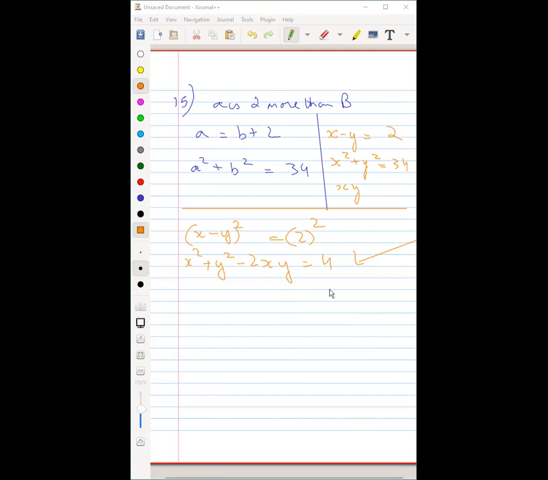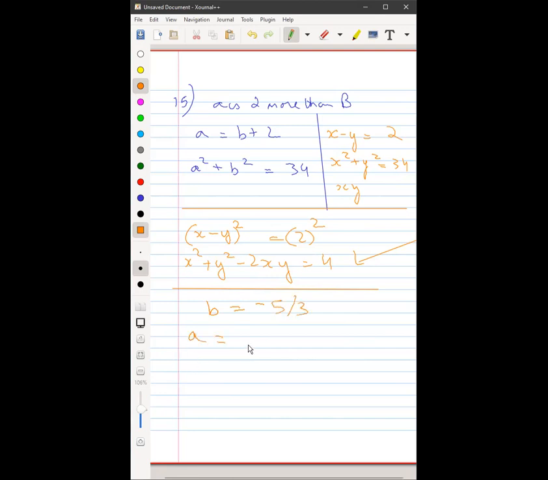I got the value of B, right? So we got B as minus 5 or 3. So what will become A? We have A is equal to B plus 2. So minus 5 plus 2 is minus 3, sorry.